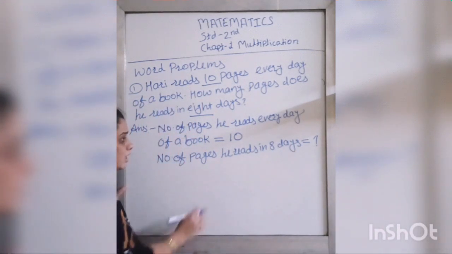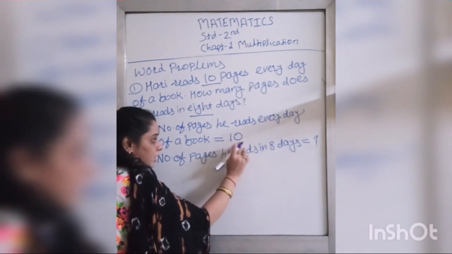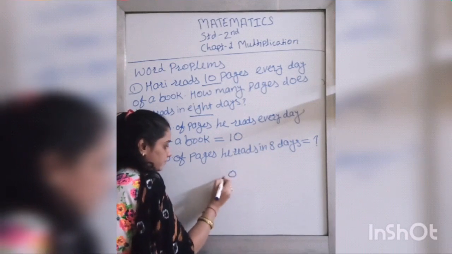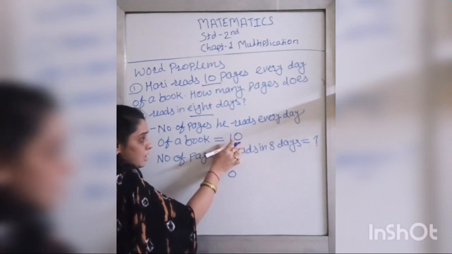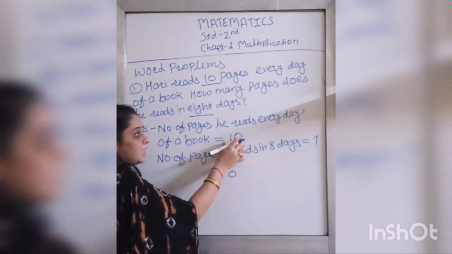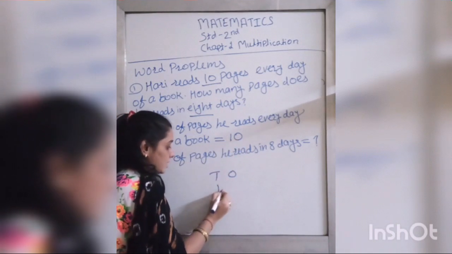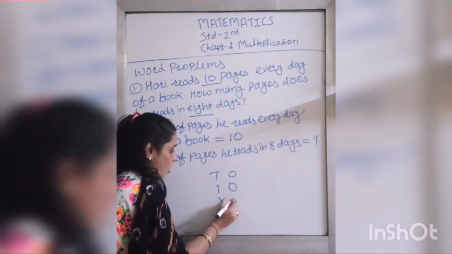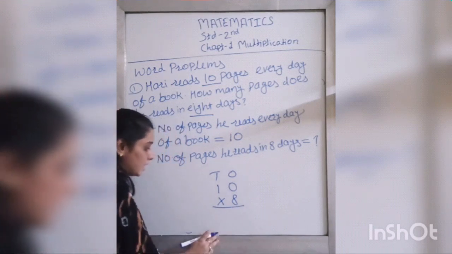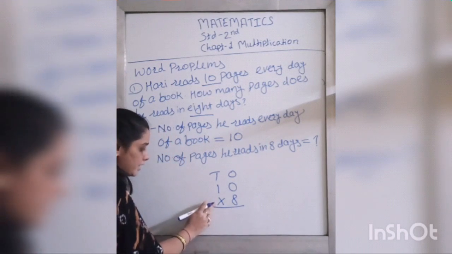So what will we do here? We will multiply this 10 into 8. Write down here ones, tens. What is the number here? The number of pages he is reading every day, that is 10. Then in 8 days, how many pages will he read?